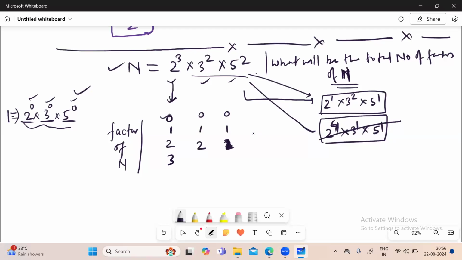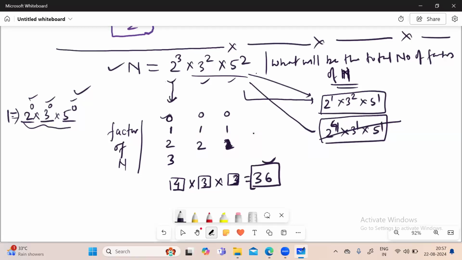So the total number of factors we can make: we have to put a power for 2, for 3, and for 5. We can put a power for 2 in 4 ways, for 3 in 3 ways, and for 5 in 3 ways. So total number of factors will be 36.